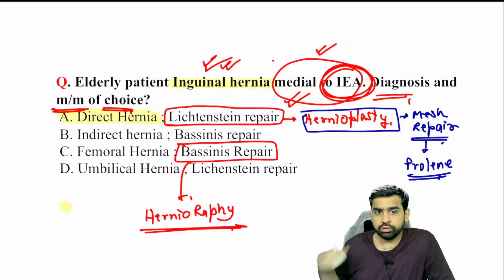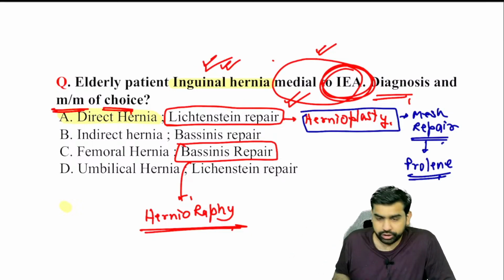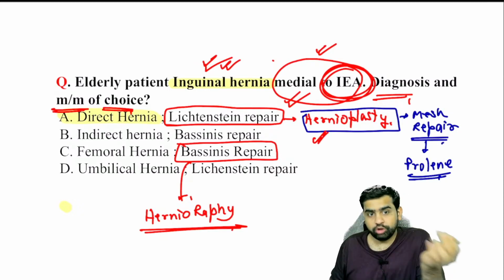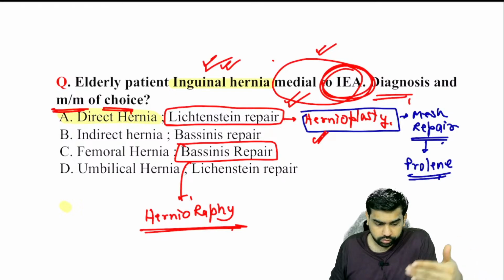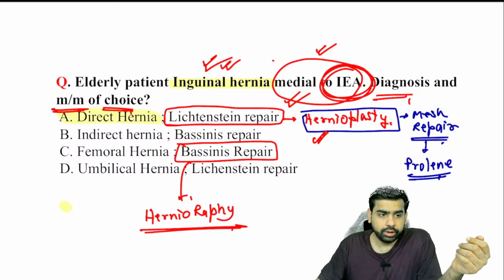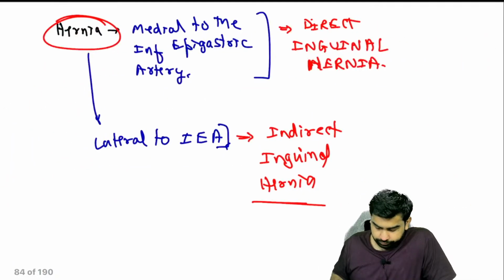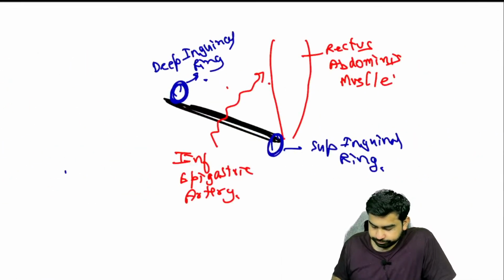You repair it with sutures. In today's time, most of the time we perform hernioplasty only. Herniorrhaphy is obviously not good because it causes tension. That is what you need to understand over here. I hope you're able to understand this point.